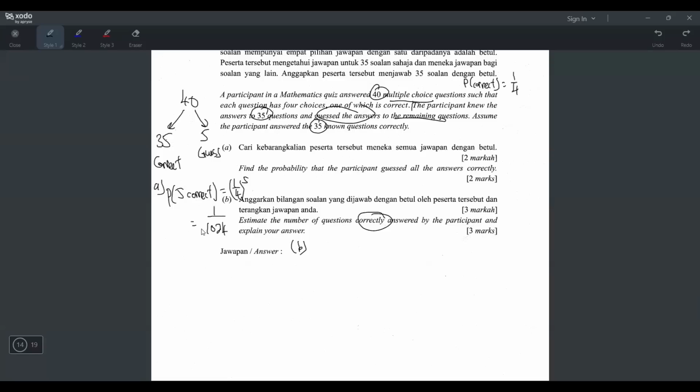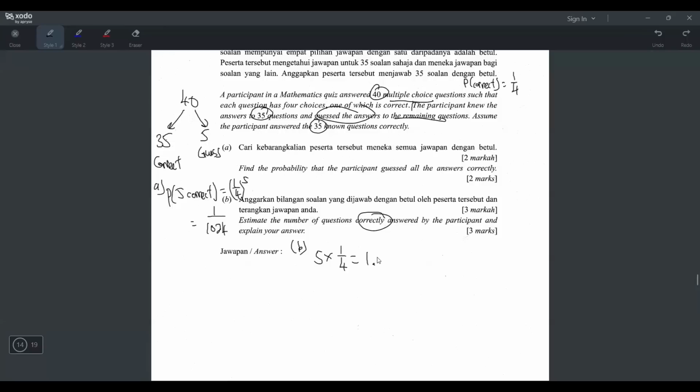It means out of the five questions, five is the total, right? But the probability of getting correct is 1/4. So you take 5 times 1/4 lah. Because when you do that, you will get the number of questions he guessed correctly out of the five questions.